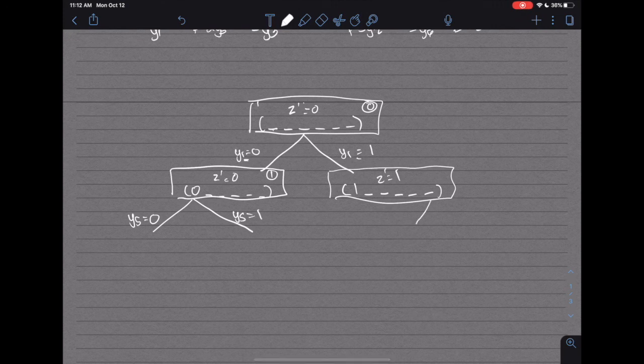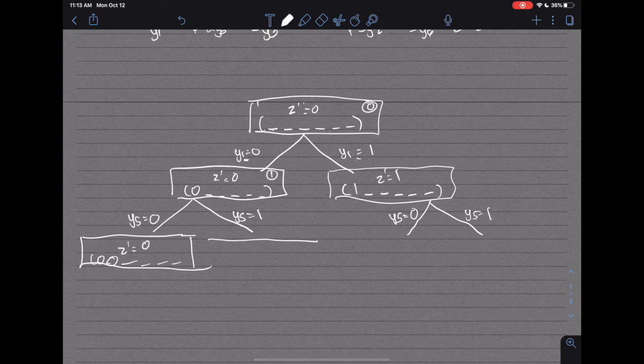Same here, a branch where y5 is equal to 0 and y5 is equal to 1. Let's try it. So this becomes 0, 0, since we've already placed a value for y5. And the rest will remain blank. Z prime is still equal to 0.